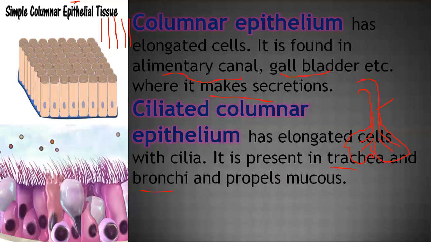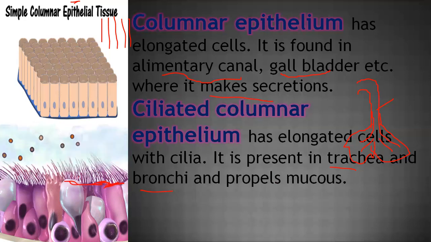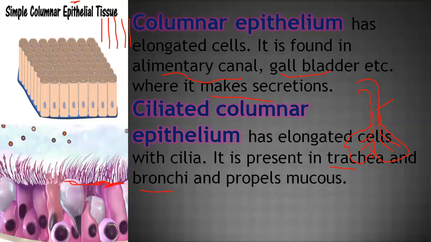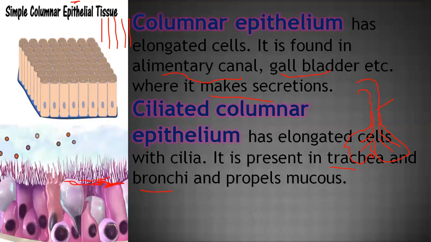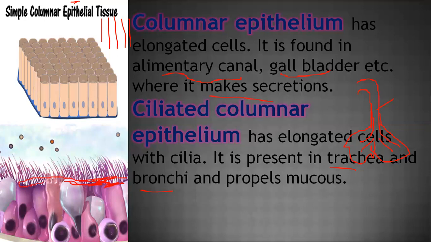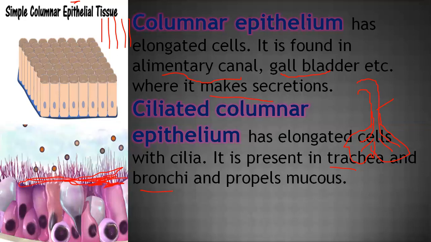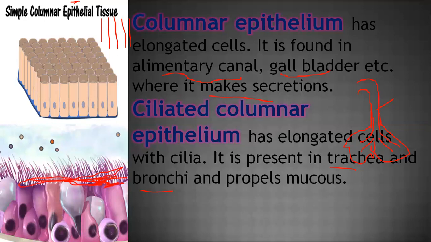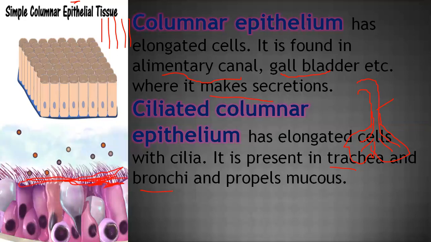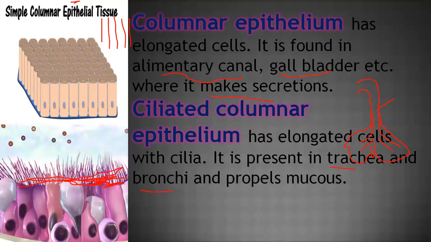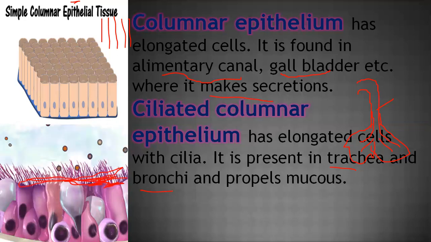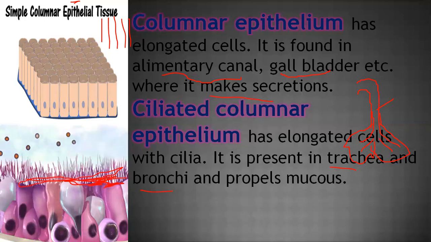Some mucus also comes from these ciliated columnar cells, and when the cilia move, all the dust particles stick with the mucus, and mucus is spread all over the lining of our nose, trachea and bronchi, like in our respiratory tract, to carry away the dust particles and germs which come in the air.